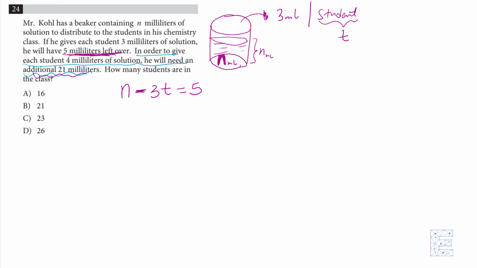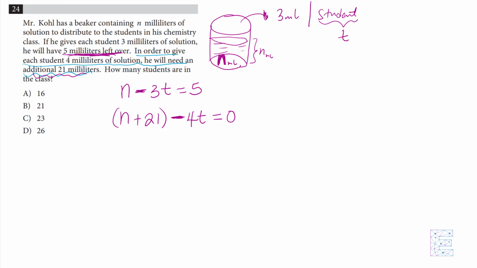We started off with n milliliters, and we need an additional 21. So we now have more liquid. That amount allows us to give each student 4 milliliters per student, and that means we have no liquid left over. We used it all. Those are the two equations we need to use to find the number of students in this class. The number of students is t, so we need to solve for t.